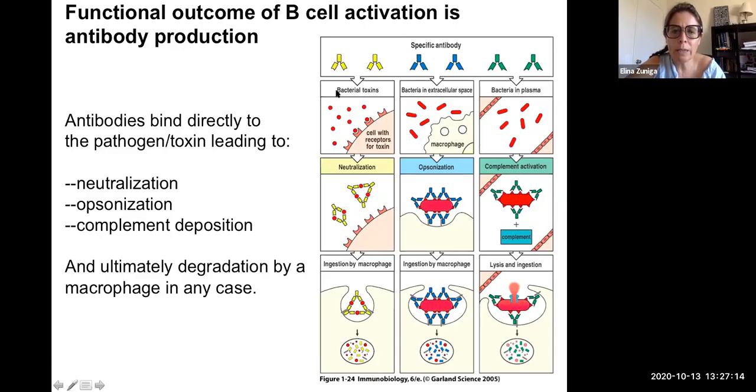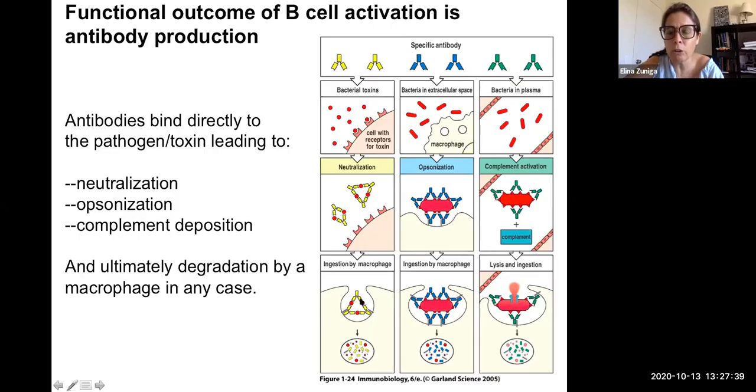For example, in this case, the bacteria has produced a toxin that will bind to the receptor and will be deleterious for the cell of the host. The antibodies specific for this toxin can neutralize this toxin by binding to the toxin and then prevent it from binding to the receptor.